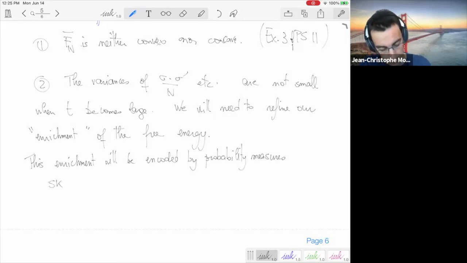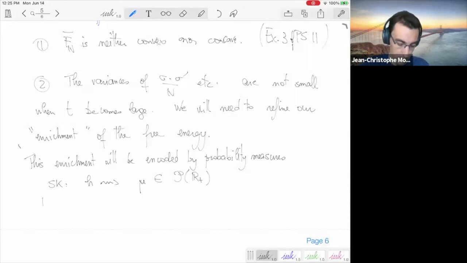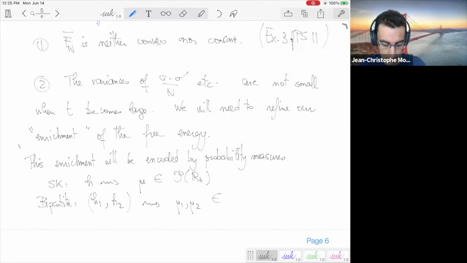So for SK, you substitute H by one measure, mu, a probability measure on the non-negative half-line. And for the bipartite case, you substitute H1 and H2 by two probability measures likewise.